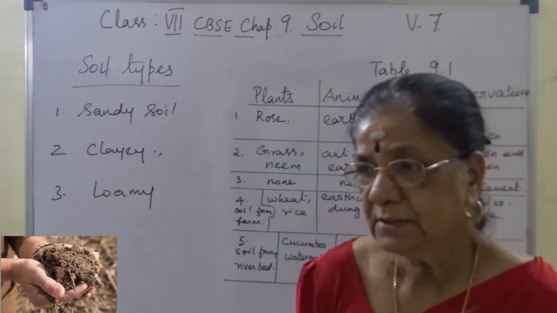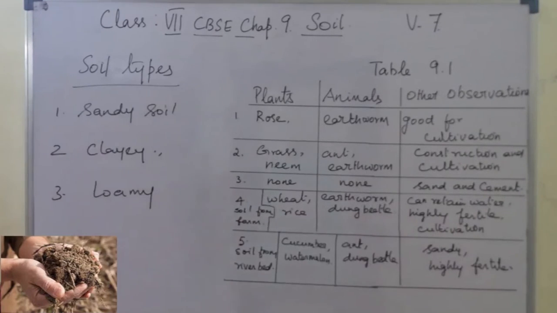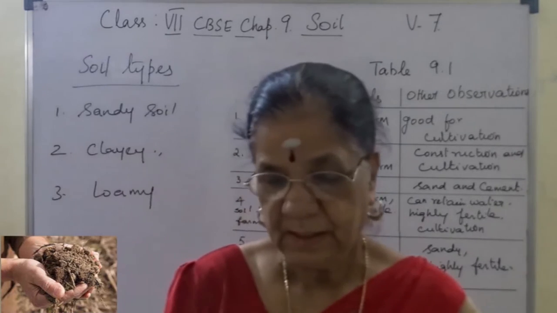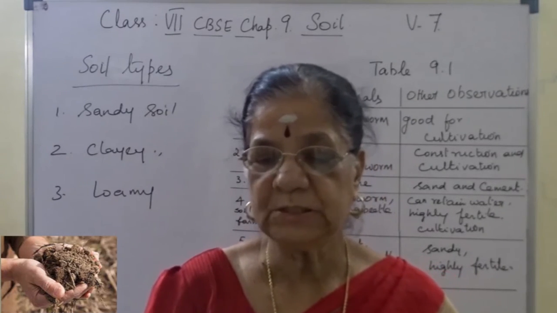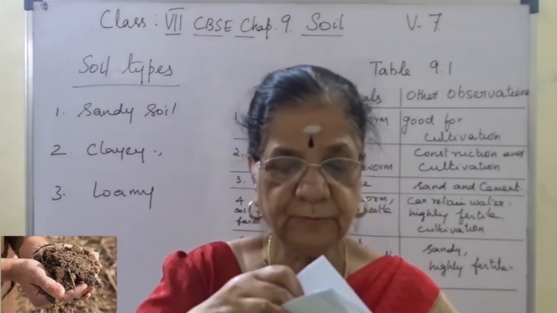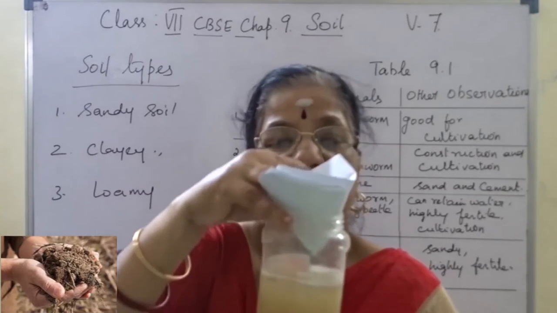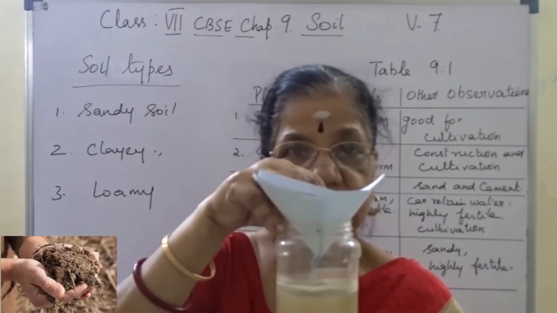Actually, for example, you take a beaker and then you take a funnel also. Take a beaker and funnel and you keep a filter paper inside like this. The funnel with filter paper, like this, right?